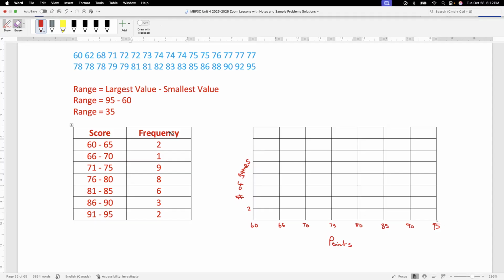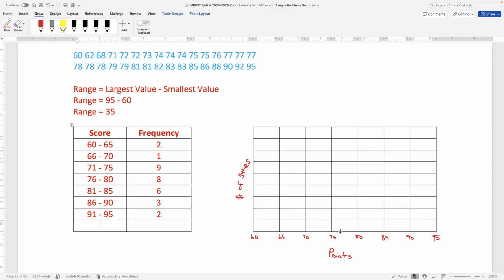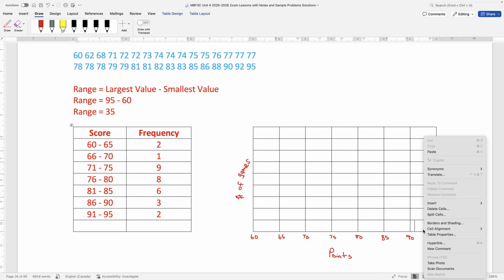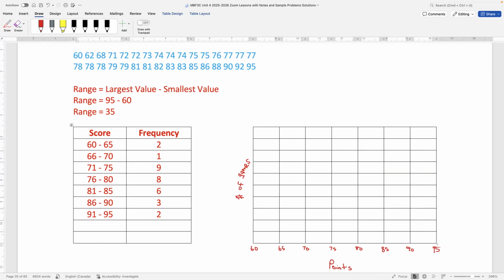Actually, let's get rid of that and let's come over here and do this. Tab down. So now we have 1, 2, 3, 4, 5, 6, 7, 8, 9. And I'm going to add one more for good measure. Just ignore these 2 down here. So now I'm going to label my axis number of games.